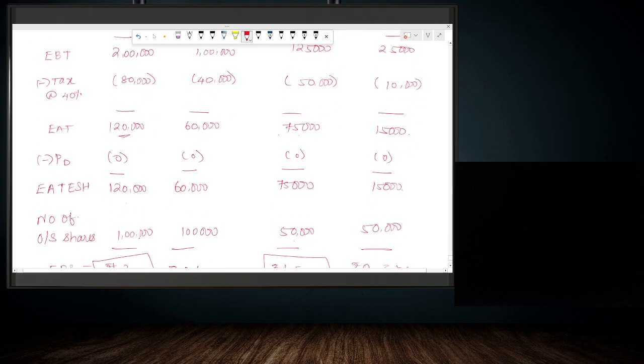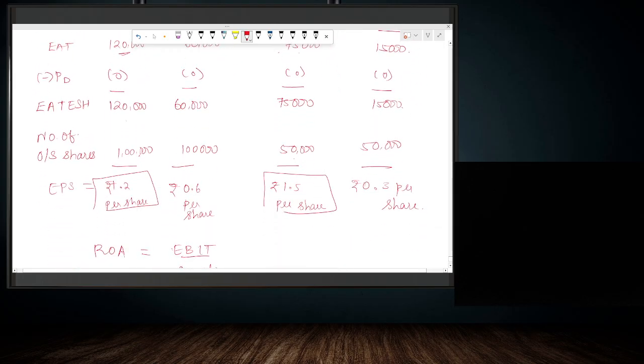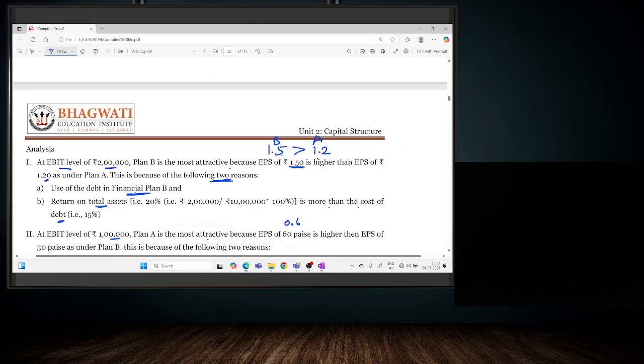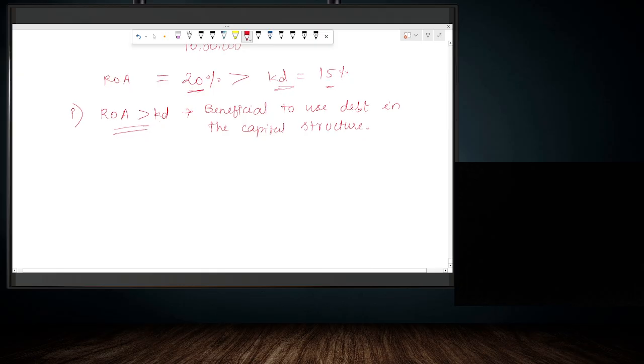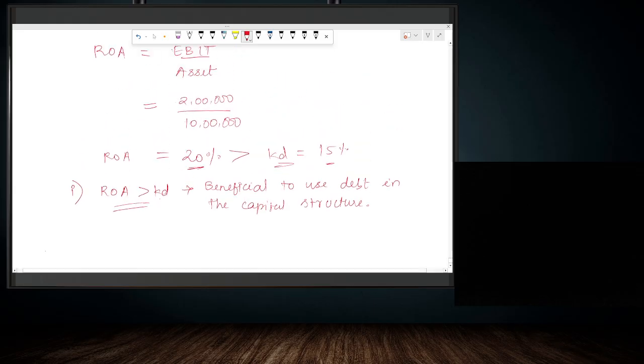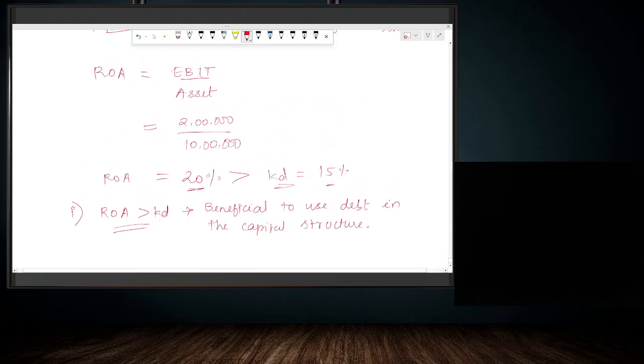If EBIT is 1 lakh, what is the EPS under plan B? 0.3. Which one will we choose? Obviously plan A. Why? Because EPS is higher. But why is EPS higher? Why are we choosing a plan without debt? We are choosing plan A, right?